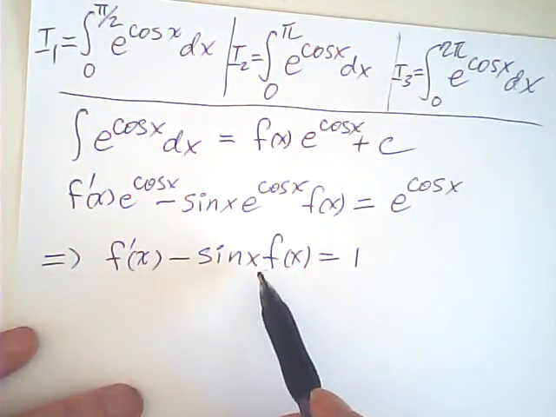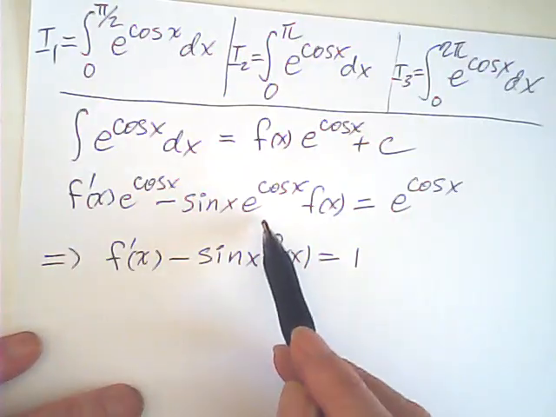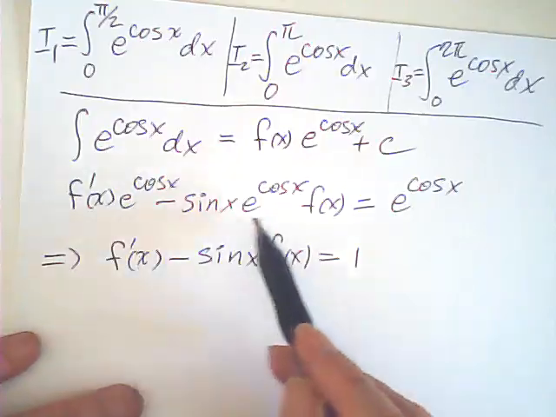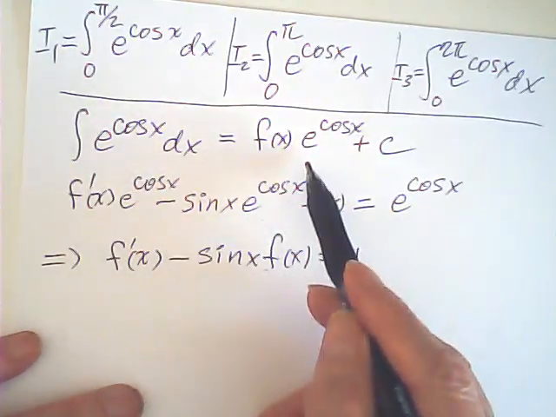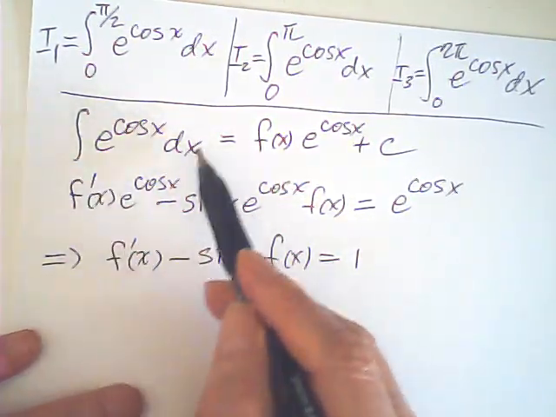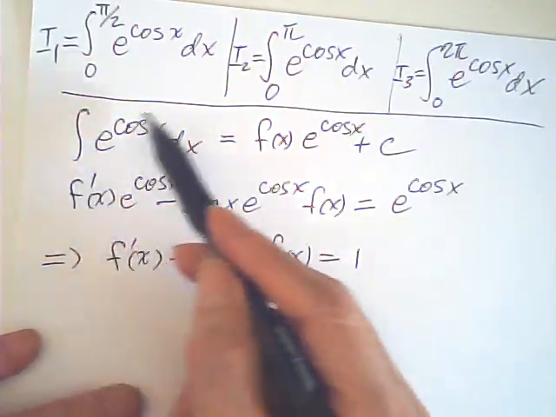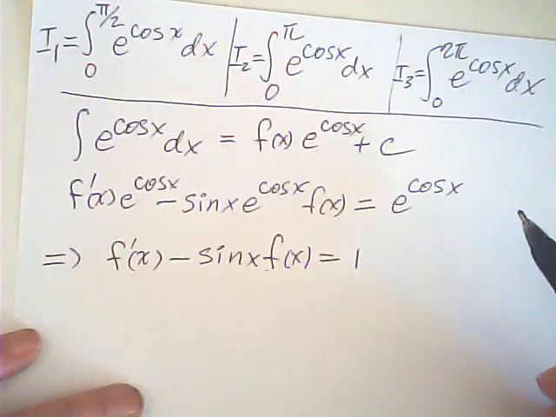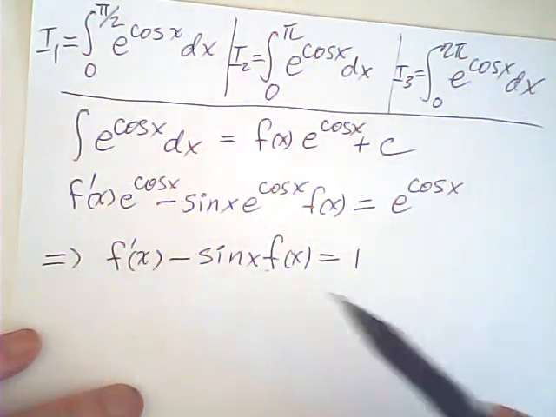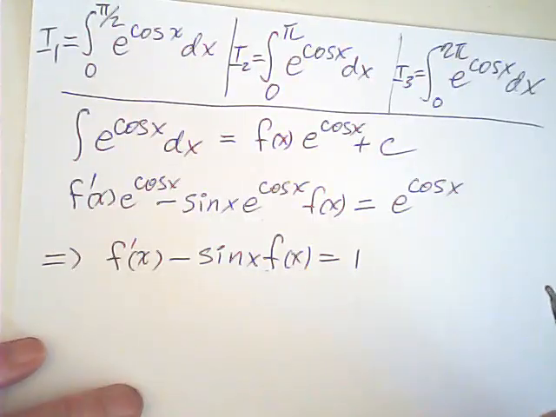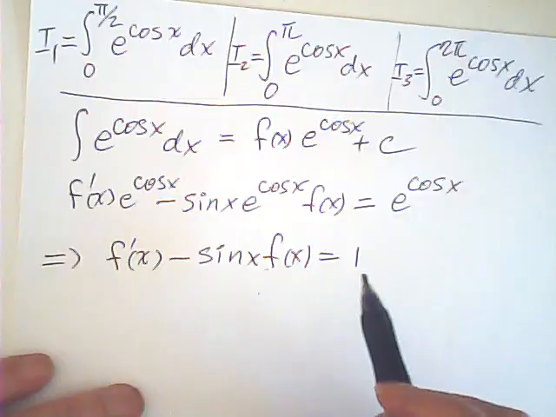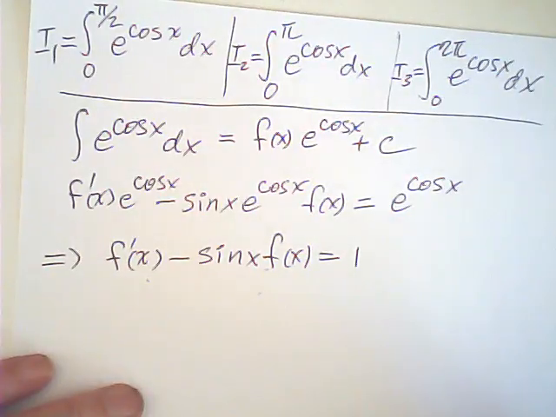But if we use that method, we go back to finding the indefinite integral. So it's not useful to use the regular way. So we're using some other way to find f of x.